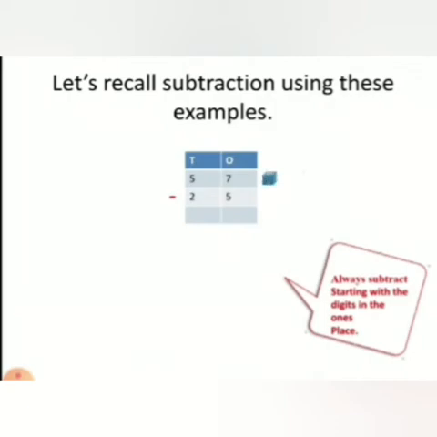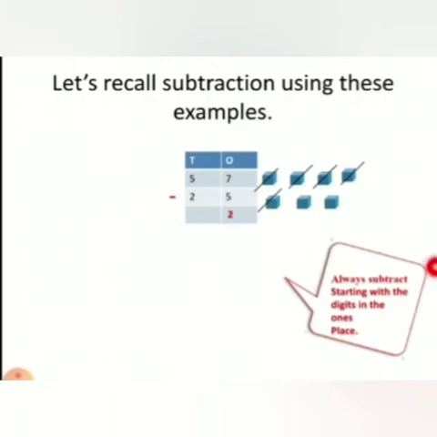1, 2, 3, 4, 5, 6, 7. How many we have to take out? 5, right? So we will take out 5. 1, 2, 3, 4, 5. How many are left over? 1 and 2. So 7 minus 5 is equal to 2.